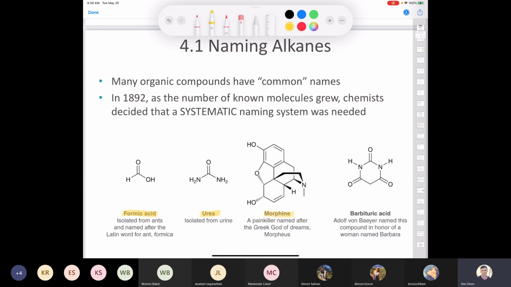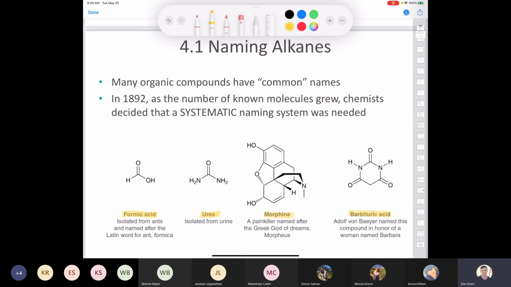And barbituric acid is a really funny one because Adolf von Baeyer named that in honor of a woman named Barbara. I always heard that he was infatuated with this woman, so he was like, I will name an organic compound after you. So that's kind of an interesting one there. And if you've ever heard of the type of illegal drugs that are referred to as barbiturates, they would be related to this kind of structure here.